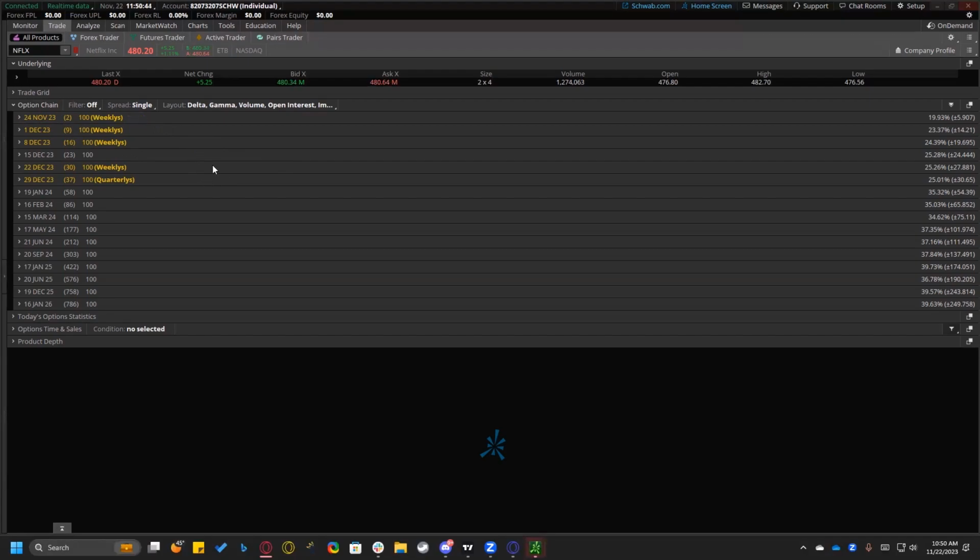So if Netflix had earnings this week, we would take this week's implied volatility average, and then we would go out to the next month, which would be December, to that month's monthly options expiration, OPEX. And that would be the December 15 implied volatility. So we would take this one and subtract it from this one. Okay, so that would give us our crush, the potential crush of that trade or of that earnings event.